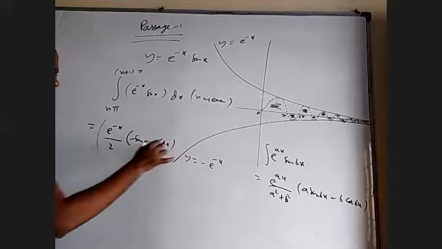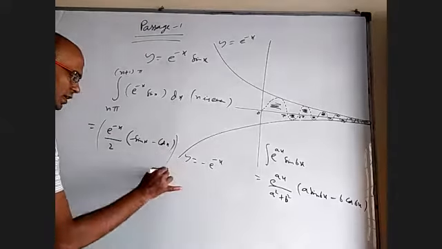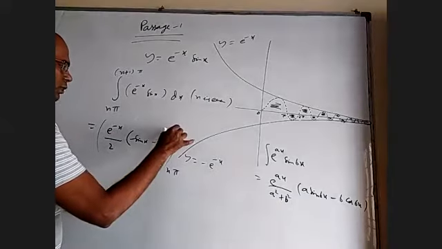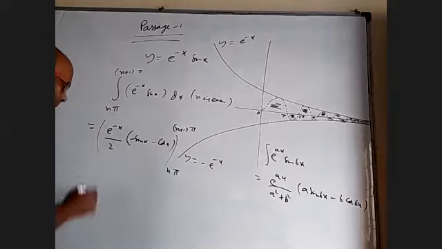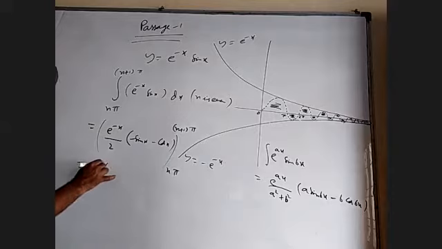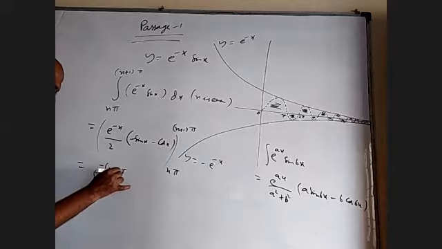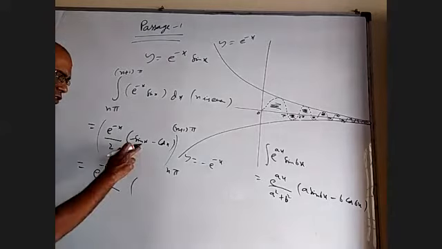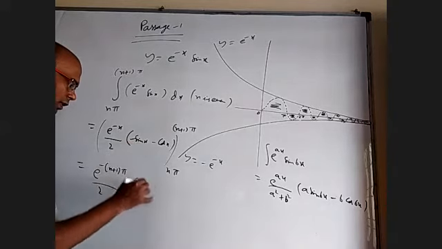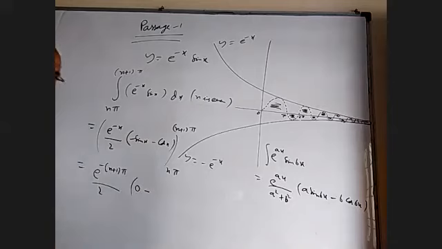Now substitute n pi to n plus 1 pi. When I substitute n plus 1 pi, the answer is e power minus n plus 1 pi by 2. The sine part is 0. I'll get minus cos of n plus 1 pi.